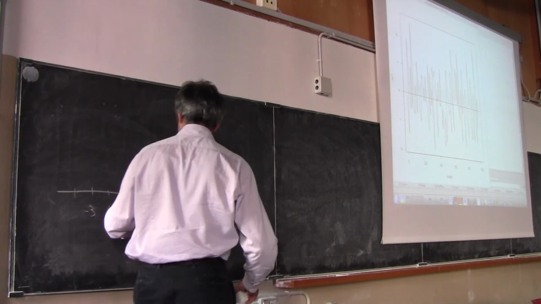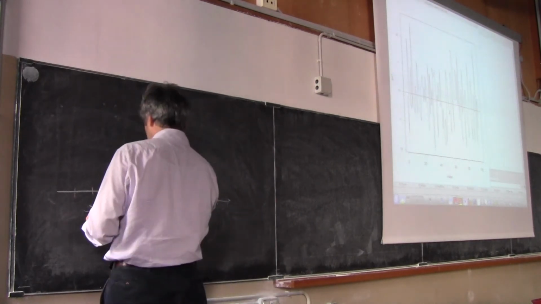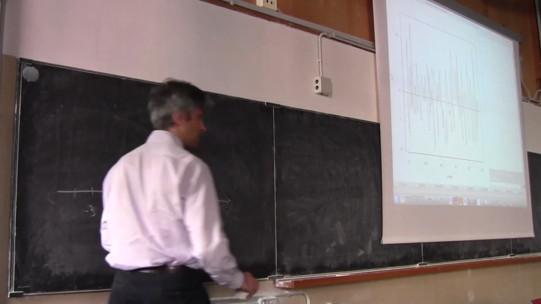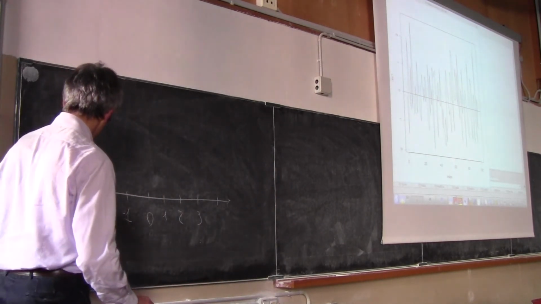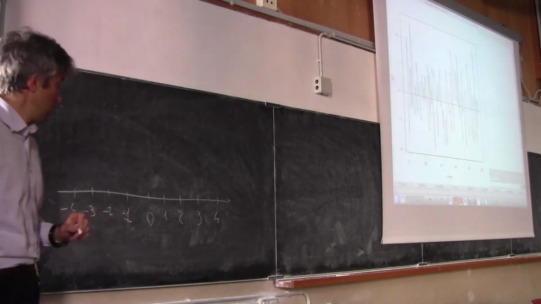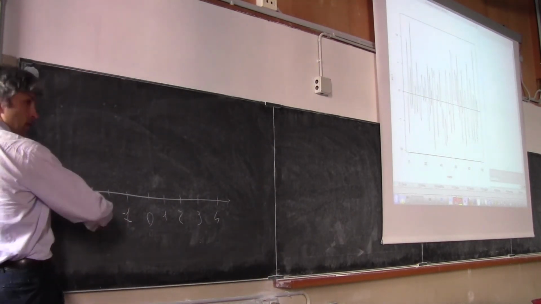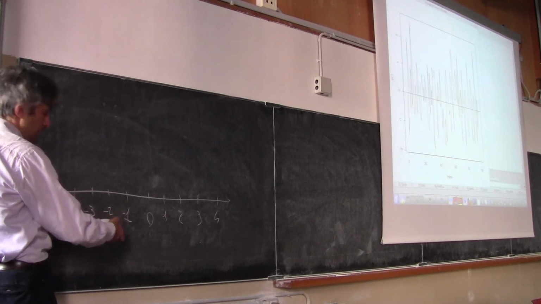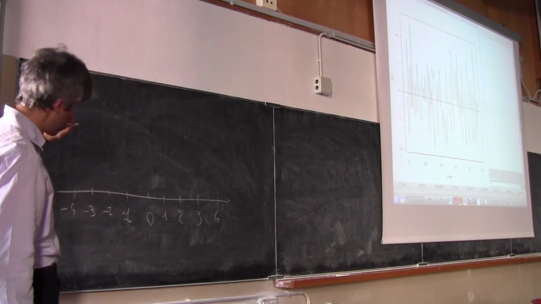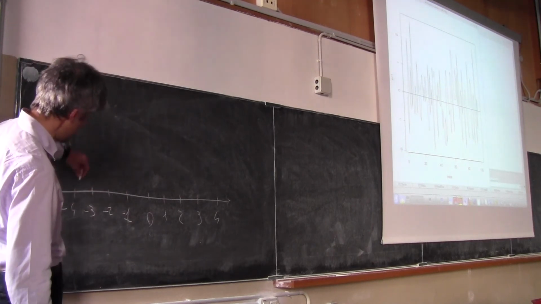So this is -1, -2, and this is 1, 2. And let's put a -4 here and a 4 here. Now you have these intervals whose limits are defined, and you can compute how many observations fall within each of them.